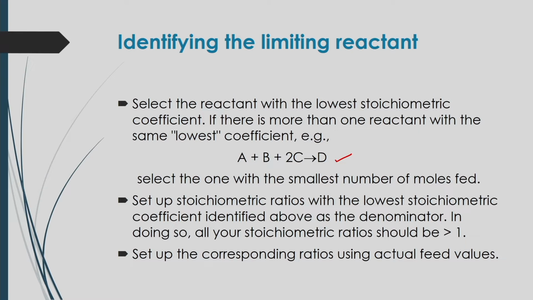After that, you have to set up the corresponding ratios using actual feed values. All these things you have already completed earlier in your school levels, also in higher secondary school. Still, just go through this concept for your understanding for further calculation in the material balance.